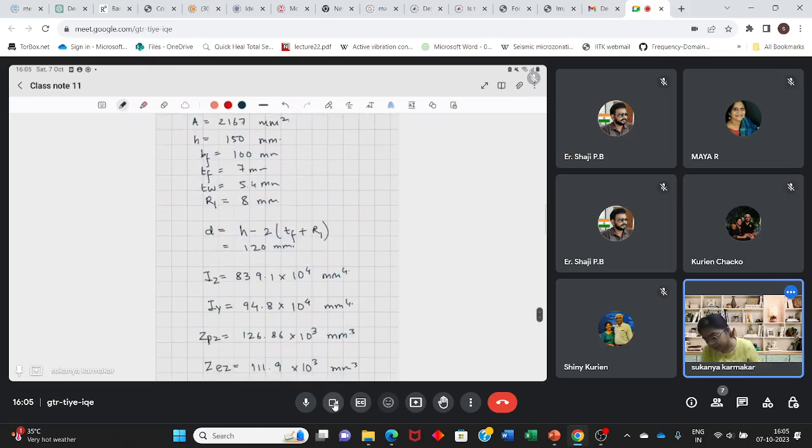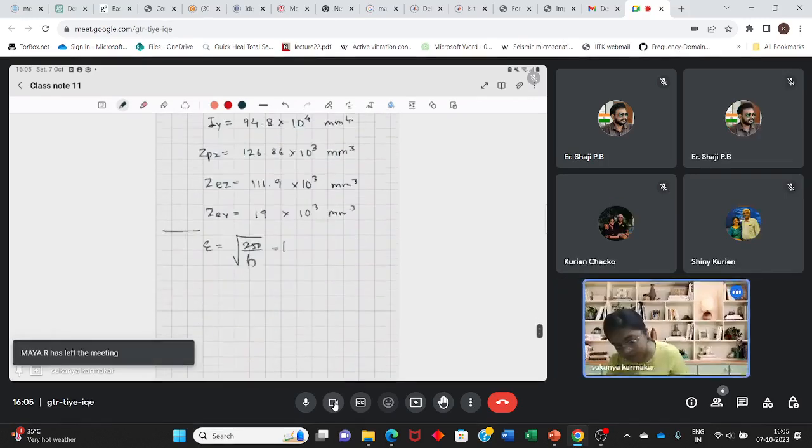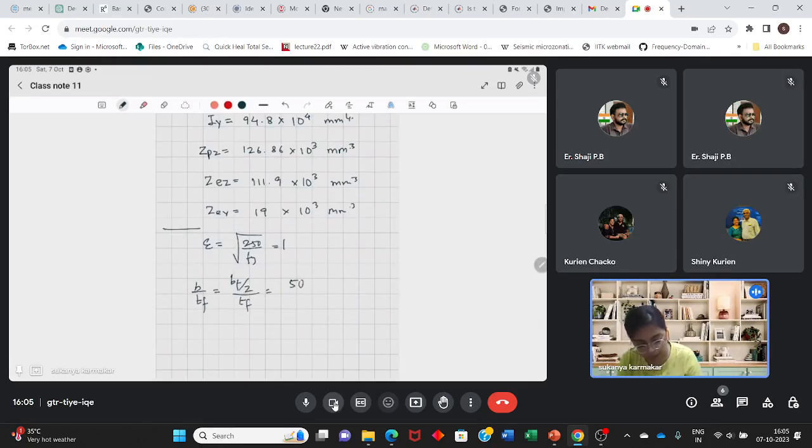So one ratio is b by tf. What is the b? b is the outstand of the flange, which is BF by 2 by TF. BF is 100, so BF by 2 is 50. And thickness of the flange is 7. So this comes out to be 7.14.